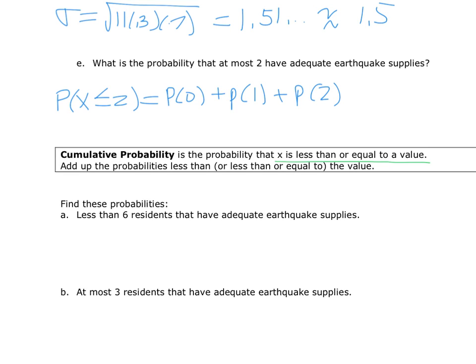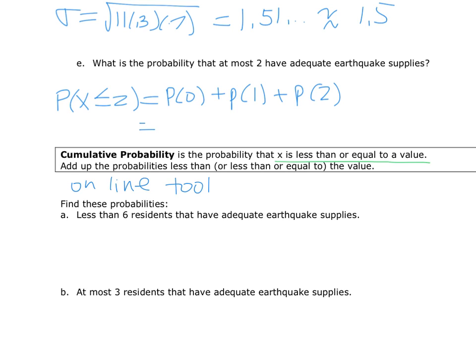We're going to actually use an online tool that will give us these probabilities rather than using the formula. The piece to figure out is what probability is being asked for exactly. In part E, it's less than or equal to. So what you're going to want to do is go to Foxtail and find the link to the binomial probability calculator. It's in 2 places.